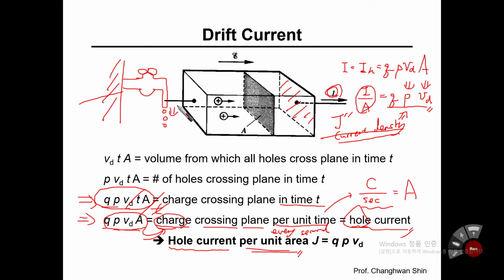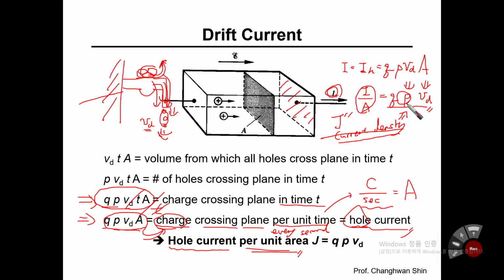So what kind of things would decide the total amount of water? If you fully open the handle, then much more water will flow. More open means much faster, much more inflow can be obtained. So this would correspond to increasing drift velocity.